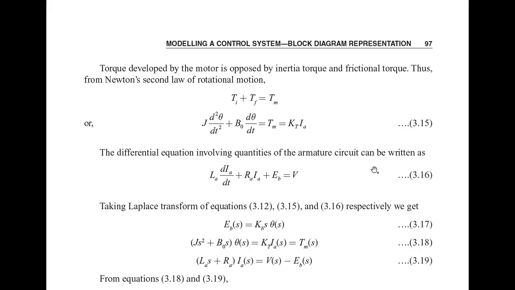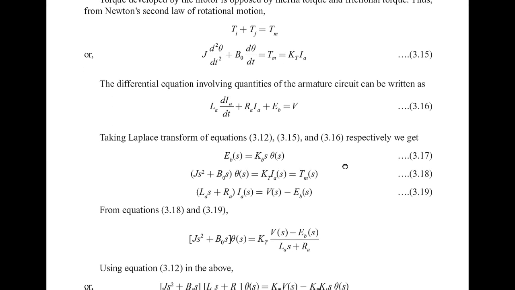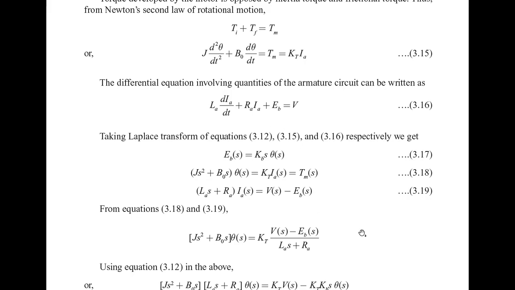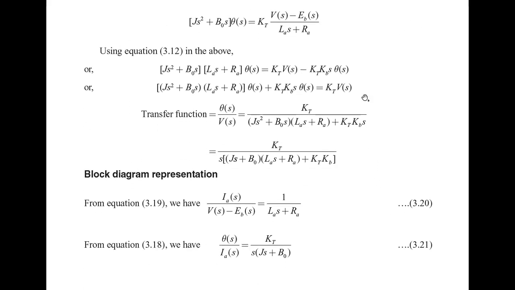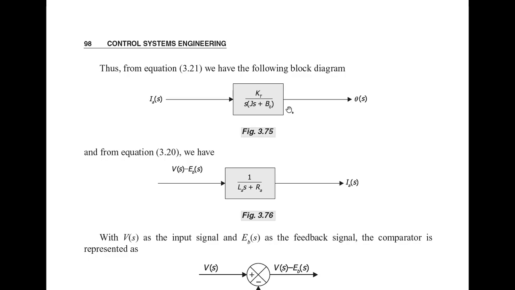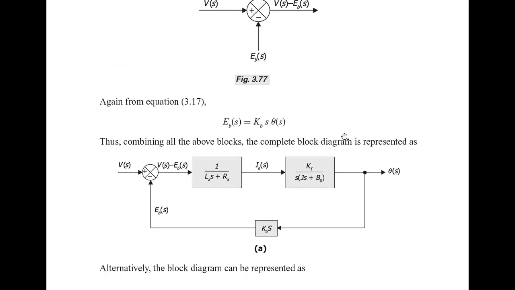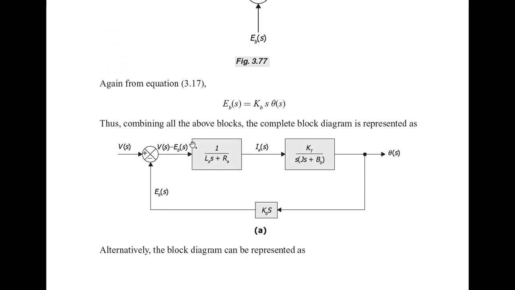We will get a second order differential equation, and we will take the Laplace transform and get the final block diagram representation of this armature controlled DC servo motor like this.